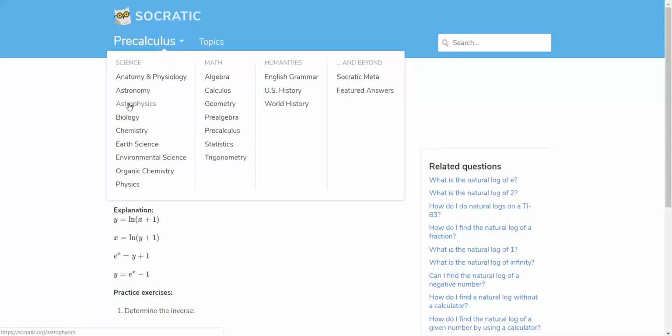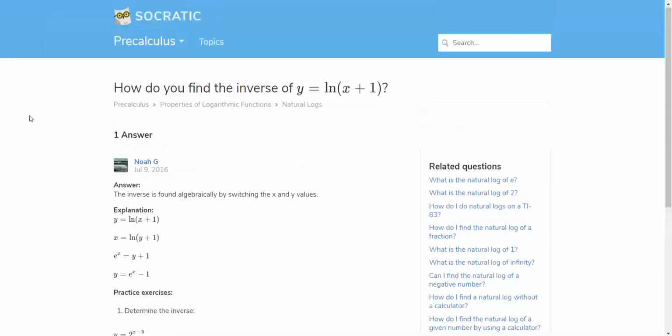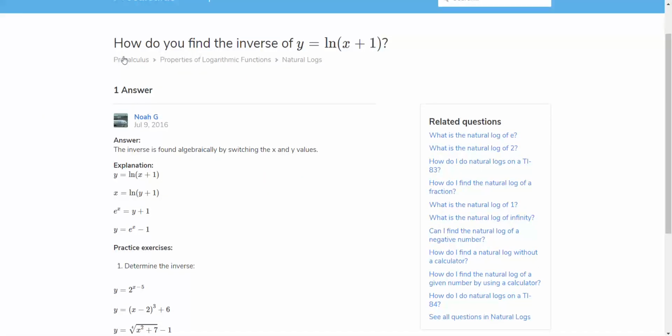Here's another example just to give us a quick understanding. To find the inverse of y equals ln x plus 1, we know the inverse of ln is e to the power of x. I'm trying to solve this without looking at the answer, just to get a better idea of how things work.